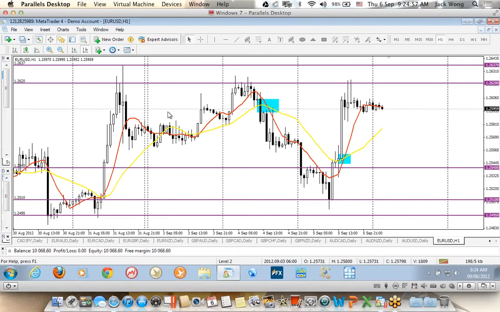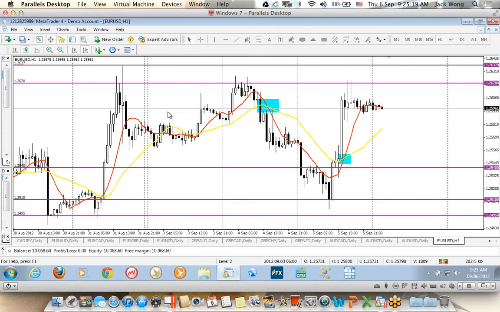Just to give you some ideas, I've seen, for example, 13 and 34, 8 and 21, which is what you have seen here. I have also seen things like 55 and 89, which is weird.